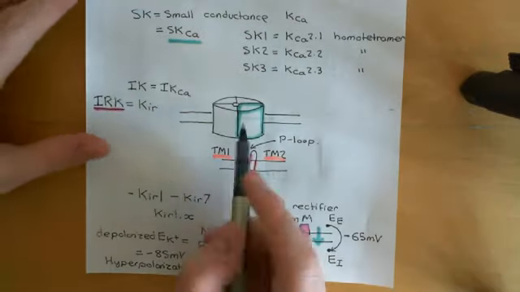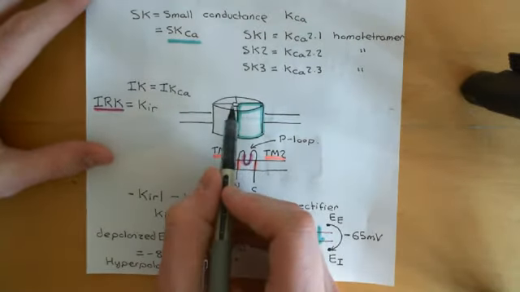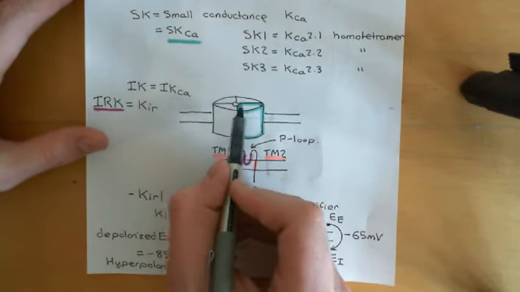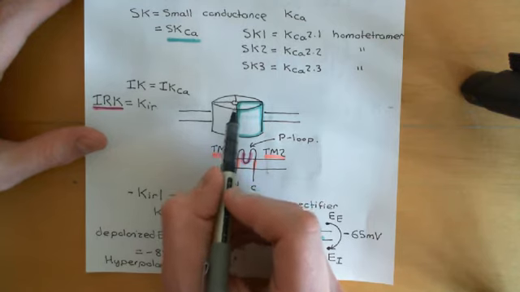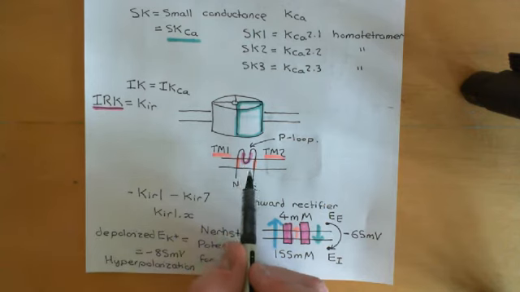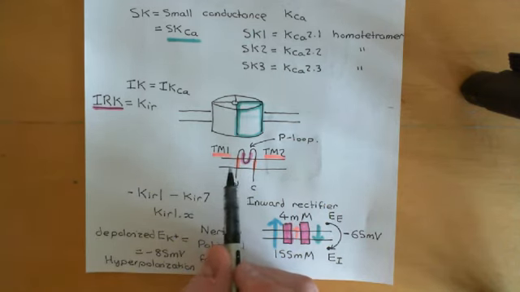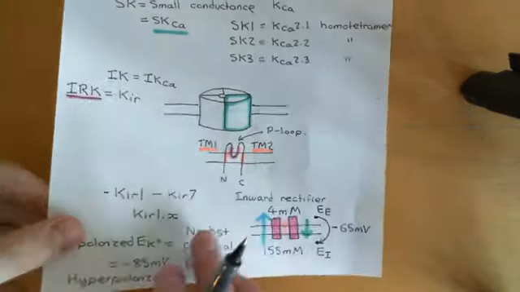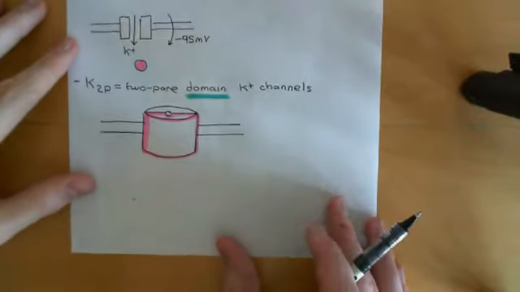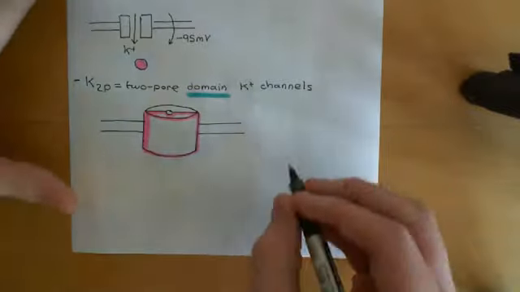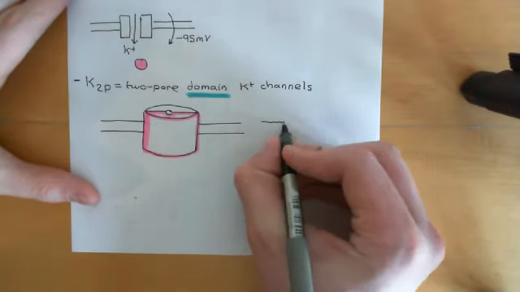To make a functional potassium channel, you basically need 4 P loops lining this selectivity filter portion. When we were building them out of subunits that only contained a single P loop, we needed 4 subunits to make a full channel. In these two-pore domain potassium channels, each subunit contains 2 P loops, and therefore is equivalent to 2 of the subunits in these other types of potassium channels.